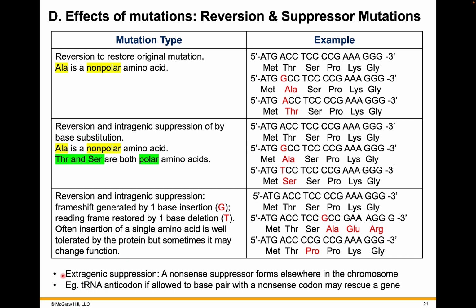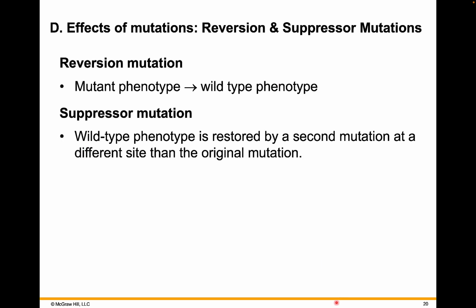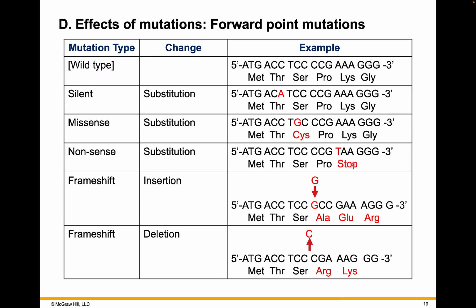On the other hand, there could be extragenic suppression, where a nonsense suppressor forms elsewhere in the chromosome. Sometimes a tRNA anticodon, if allowed to base pair with a nonsense codon, may rescue a gene. What we mean by this is, suppose a premature stop codon, TAA, is put into a gene, and the product of that gene, the protein, is non-functional.